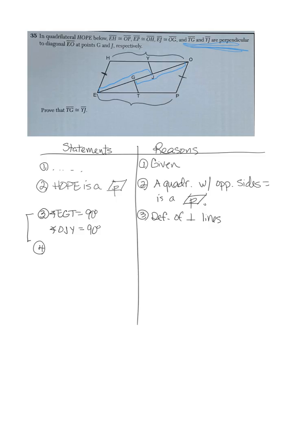So you always want to go one extra step and say that that one angle is equal to the other angle. Okay? And why? Really easy. All right angles are equal. Meaning, if this guy is 90 and this guy is 90, then obviously these guys have to be equal to each other.